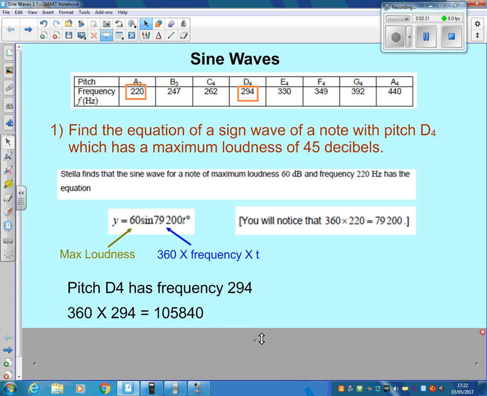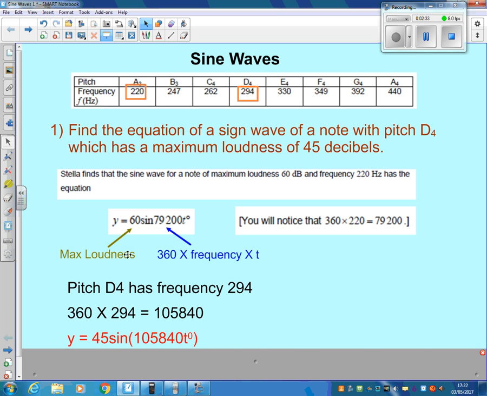Therefore, you would expect your equation to be y equals 45 sine 105,840 t degrees. So there, the maximum loudness, and here 360 times the frequency of a D4 note, and always don't forget to put the t in as well.